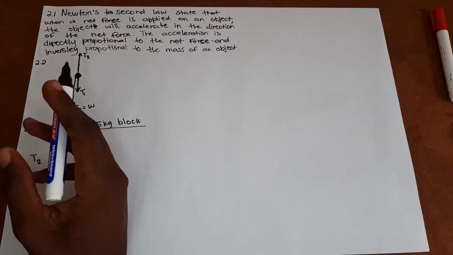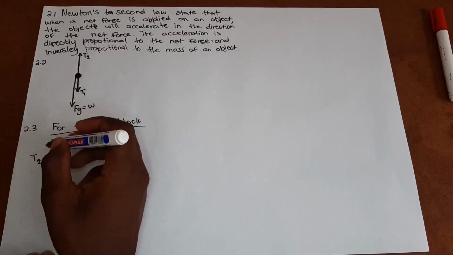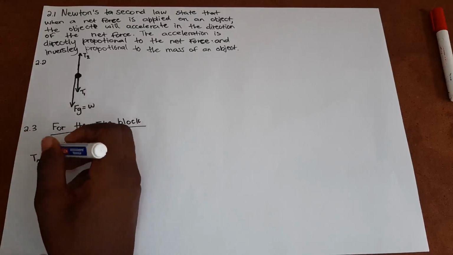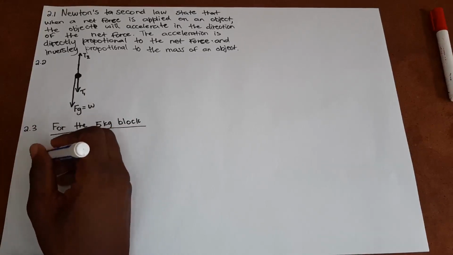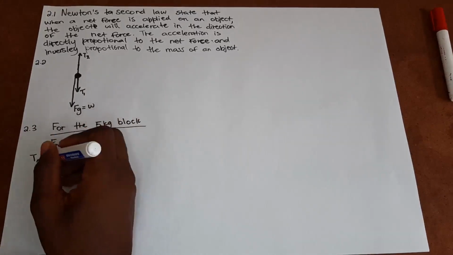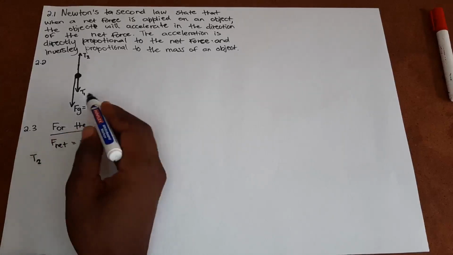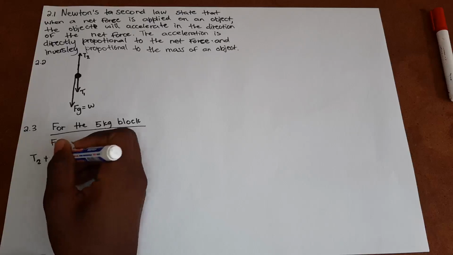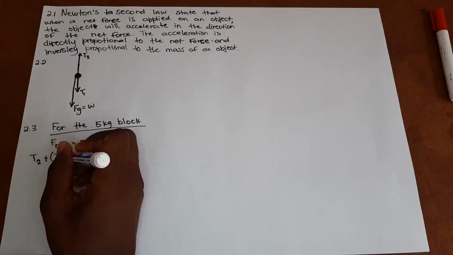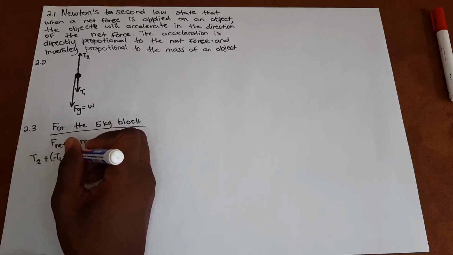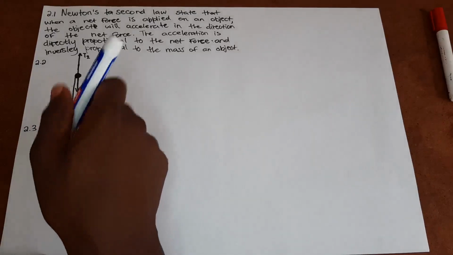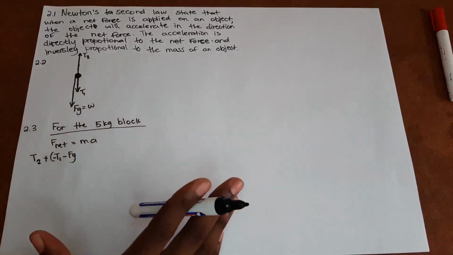T2, which is pulling the 5 kg block upwards, is also known as the applied force, a constant force. So we also have minus T1 minus Fg, because T1 is opposing the motion, as you can see, right?